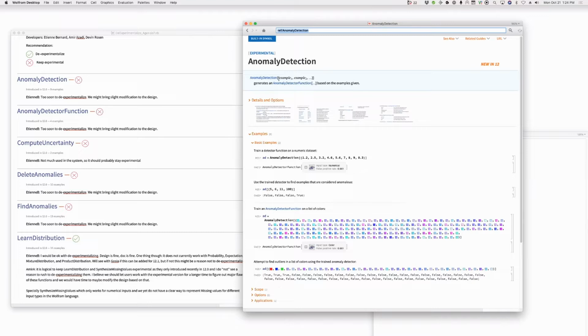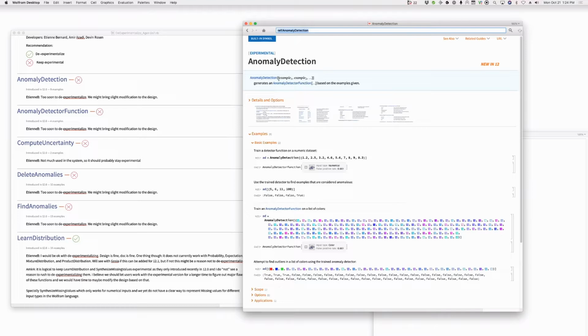You're just saying a first argument to anomaly detection that is a learned distribution, which is essentially the distribution with respect to which you're asking for anomalies. Is that correct? Yes. And there's no second argument. It's just to convert a distribution into an anomaly detector.